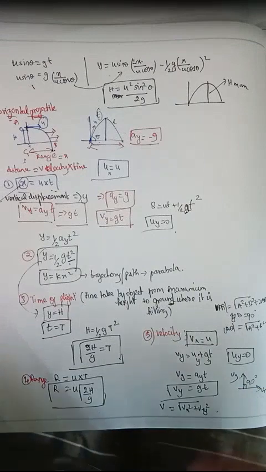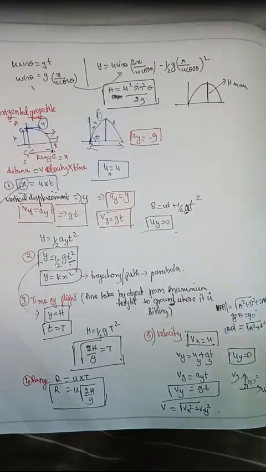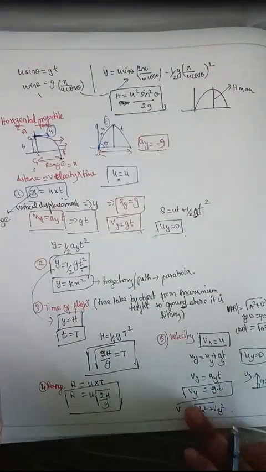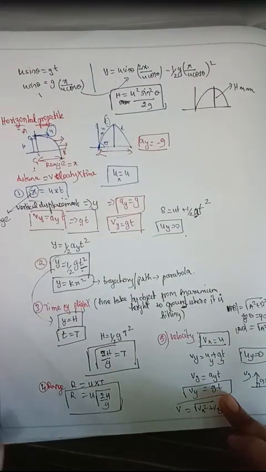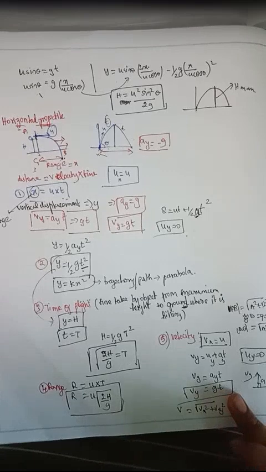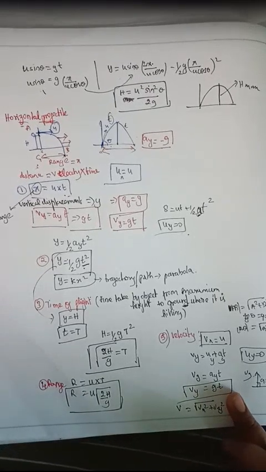If you substitute, square root of Vx square plus Vy square, we can say u square plus, as I said already, Vy equal to gt, so Vy square is gt square.